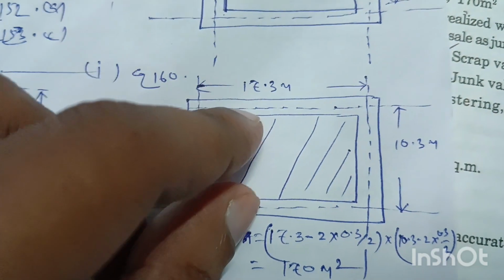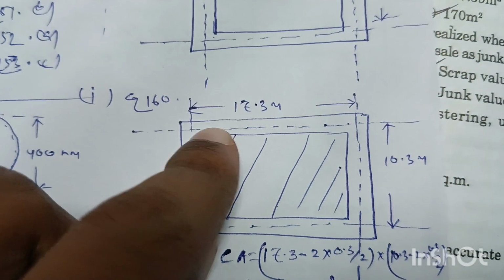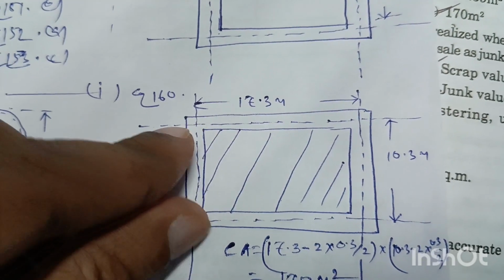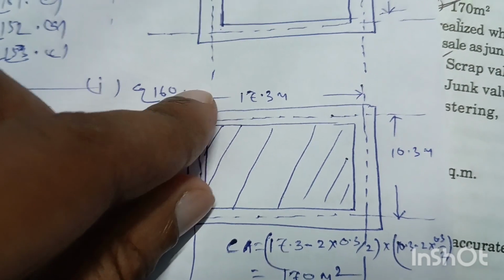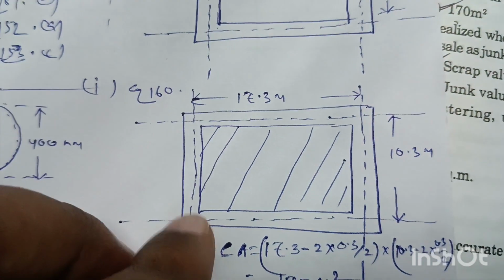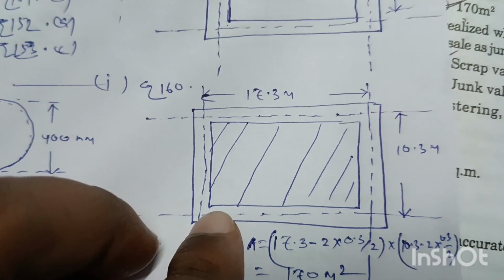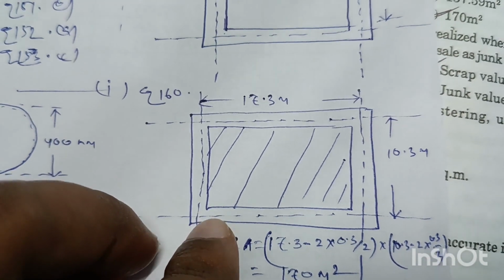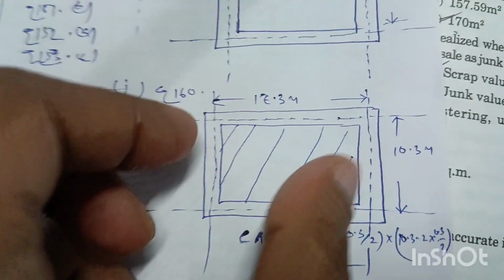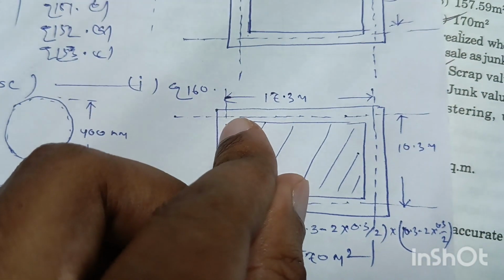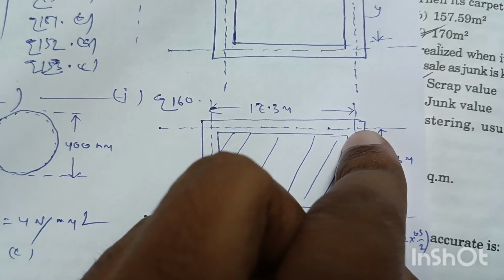Carpet area is the floor area where we will cover the carpet. So we have to minus this half breadth of wall here and half breadth of wall from here. So total 0.3 by 2 plus 0.3 by 2 in this length, and in this length minus 0.3 by 2 and minus 0.3 by 2.